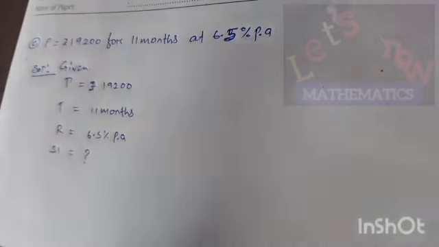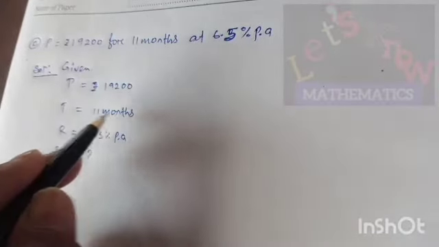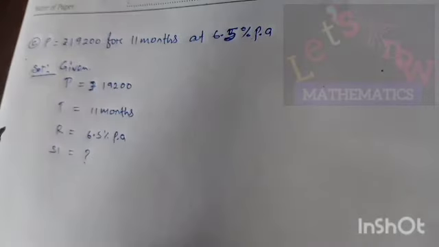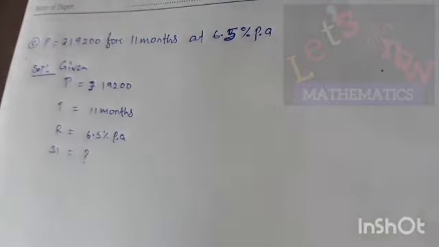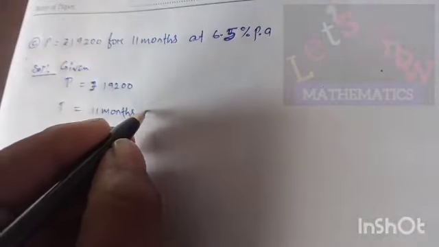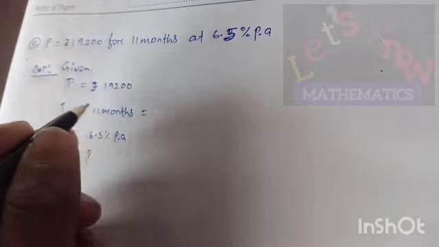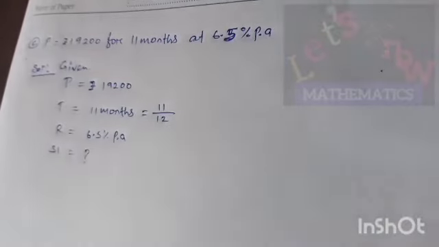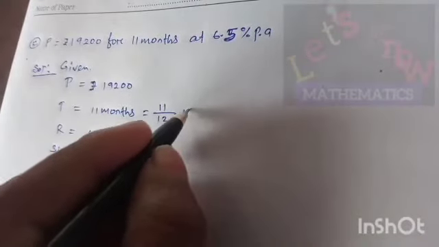Now see, the time is given 11 months, and the rate of interest is given 6.5% per annum. Per annum means yearly, so we have to convert this time into years. So 11 by 12, because within 1 year there are 12 months. So 11 by 12 year.